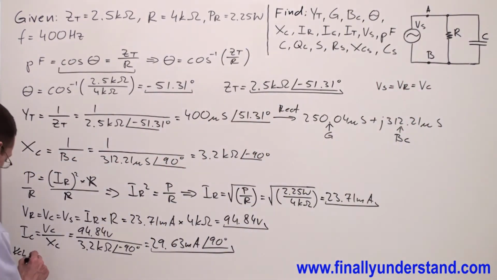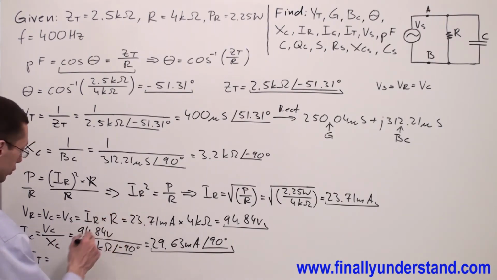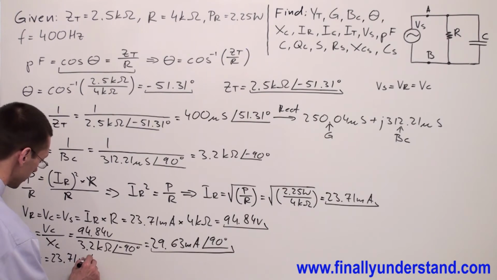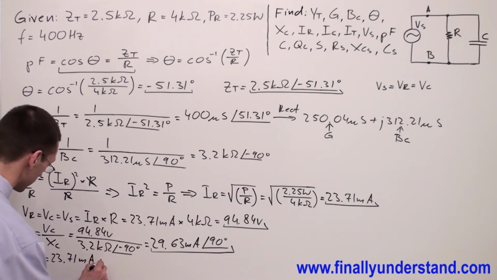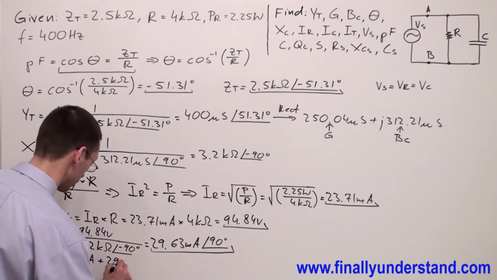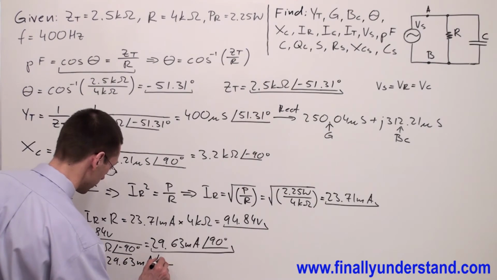So I total is equal to IR, which is 23.71 milliamps, plus IC, which is 29.63 milliamps and angle of 90 degrees.